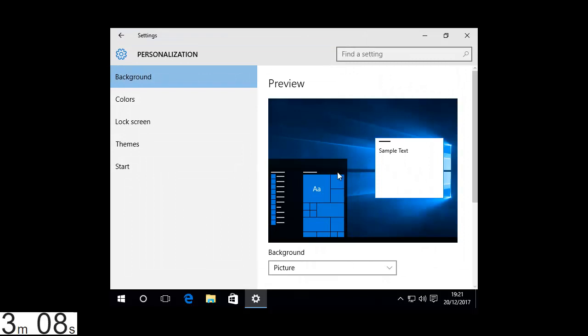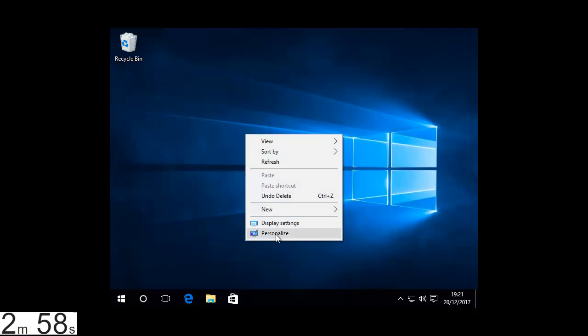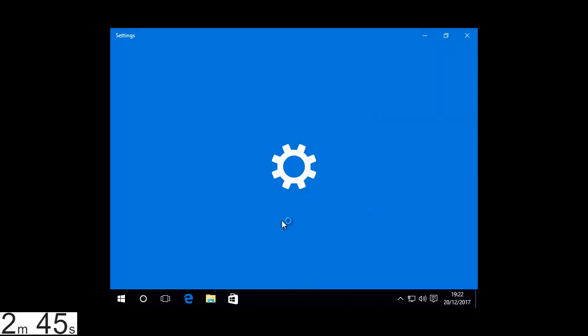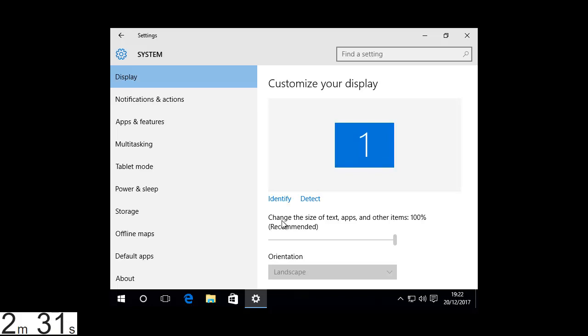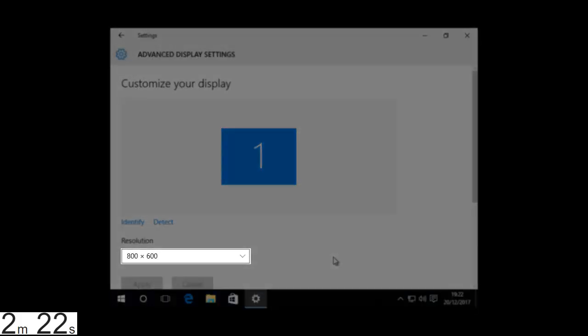Next we shall check the screen resolution. Remember the minimum specification is 800 by 600.